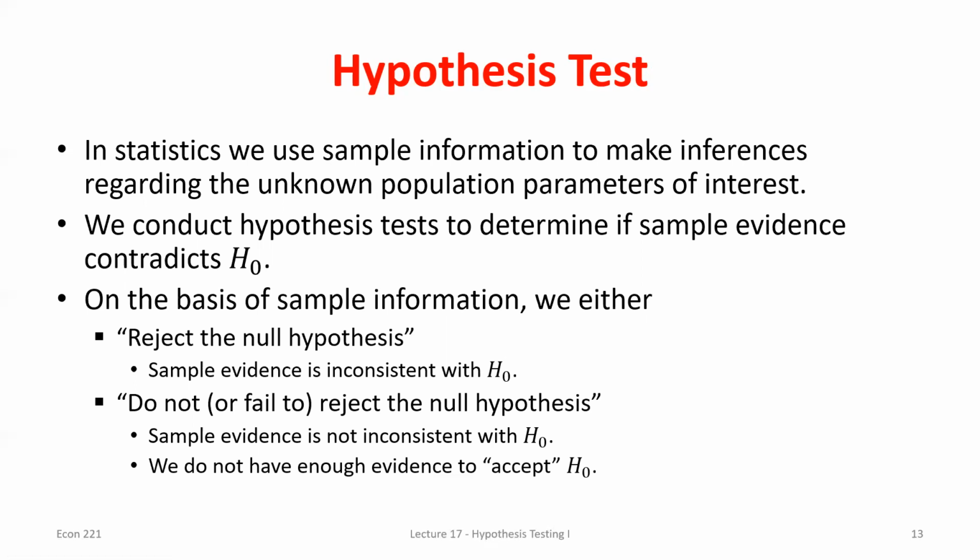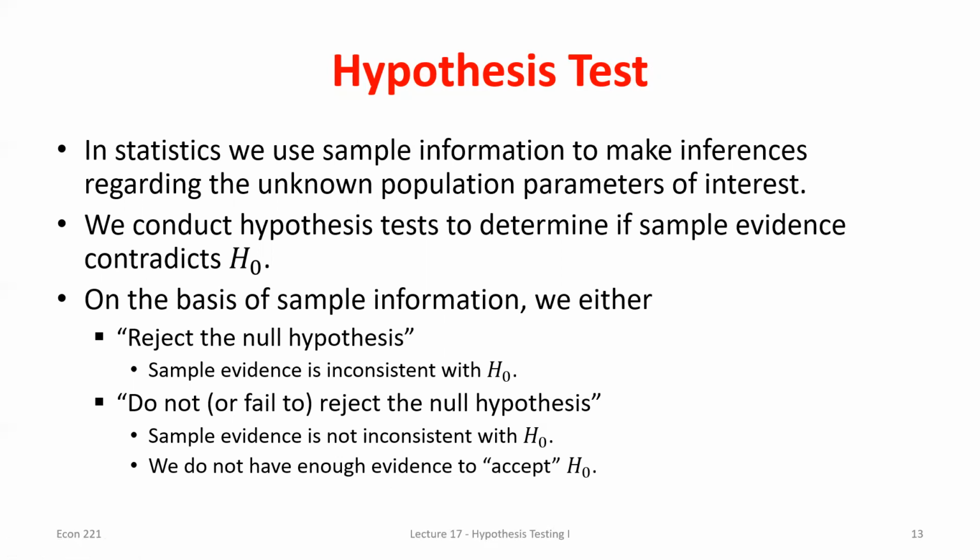Is 54,000 inconsistent? Where do I draw that line? So based off what we know about the distribution of sample means, next class we'll figure out how we can draw that line. But for now, just know that it exists, right? There is some cutoff where anything past this point is sample evidence that's inconsistent enough with a null that we can reject it. And then the third kind of outcome, not very interesting.